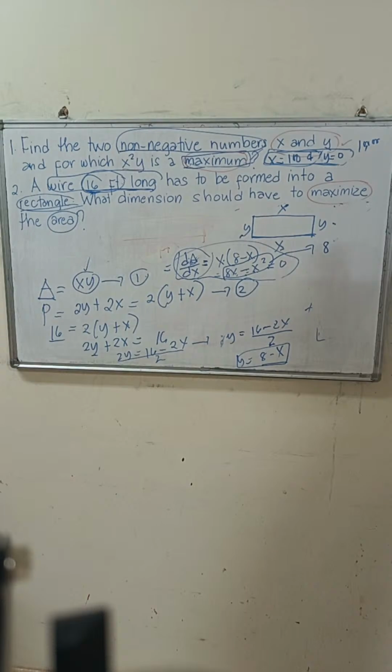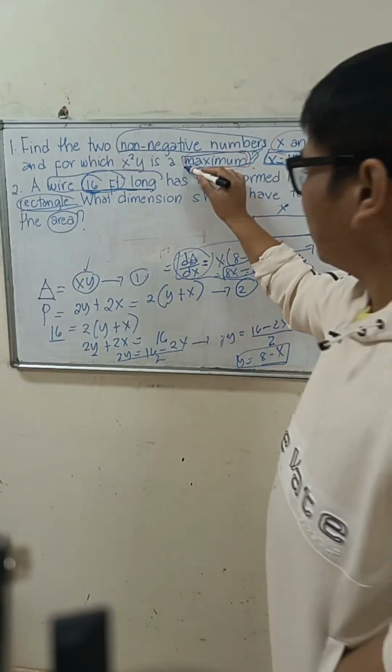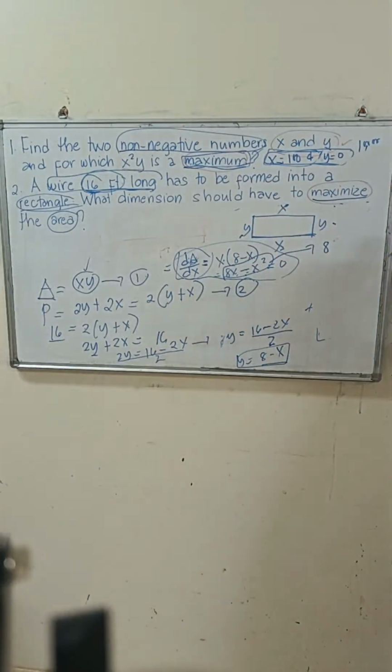This is exclusive only to calculus. Why? Because there is the word maximize. No other math can solve it directly. It's not integral, not differential equation, not geometry, exclusively differential calculus.